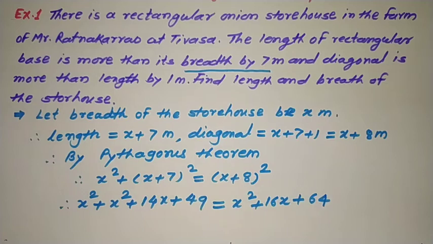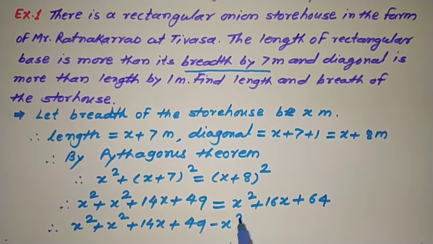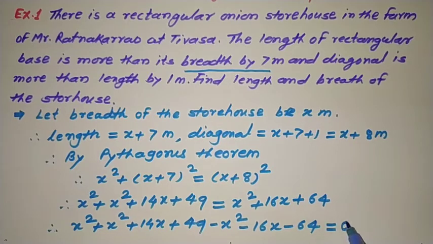Give all terms on the left side. Therefore x square plus 14x plus 49, minus x square minus 16x minus 64 is equal to 0.